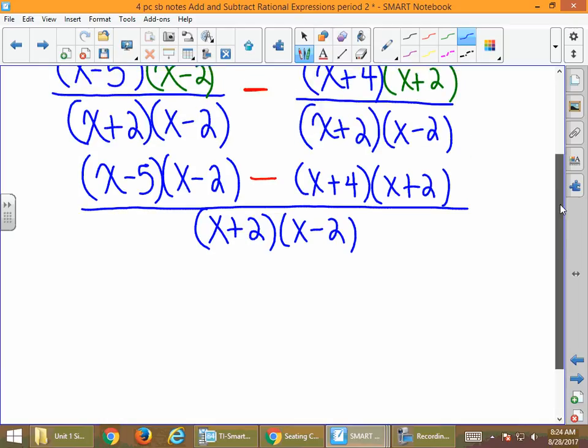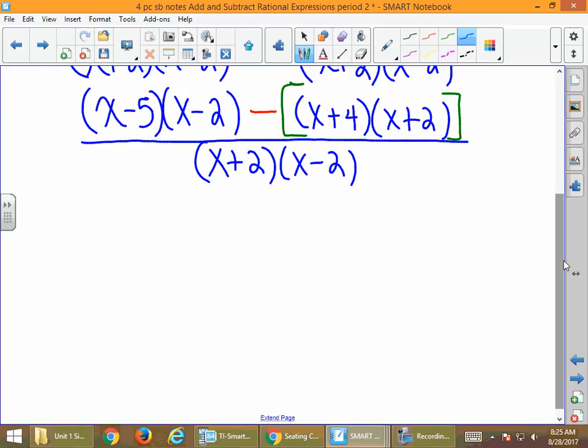Again, some people need to do that step, and some people don't. But I need to be even more picky over here, because that negative is going to apply after we FOIL that. And that's why I put in the brackets. Just something to remind ourselves that we have to distribute that negative over that entire FOILed process there.